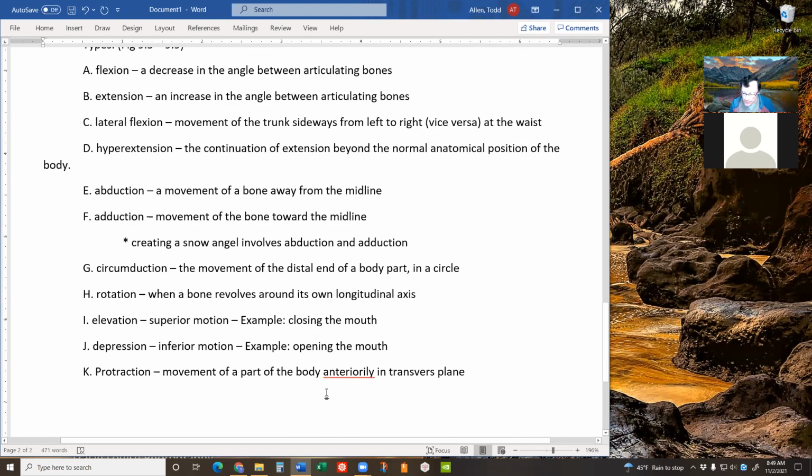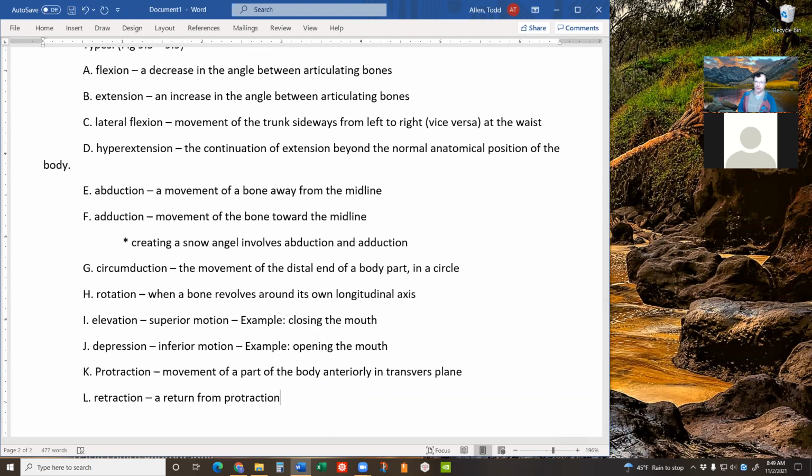Okay. Well, the opposing motion of protraction is retraction. Retraction is a return from protraction.